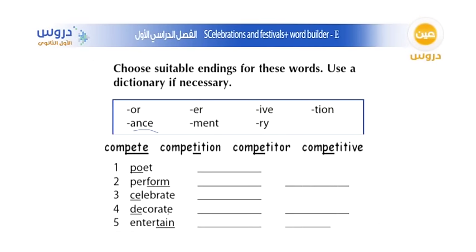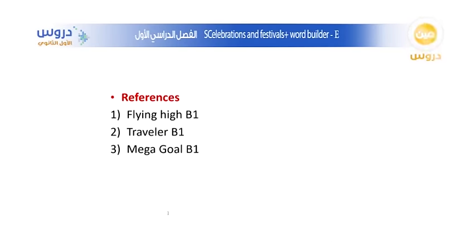Can we have another word? Another adjective maybe? Excellent. Very good. IVE. That's the adjective. Decorative. Excellent. What about entertain? The verb entertain. What words can you build from the word entertain? Excellent. Very good, Miss Ala. Entertainment. Excellent, Miss Shahad. Entertainer. Very good. The noun ER. Perfect.